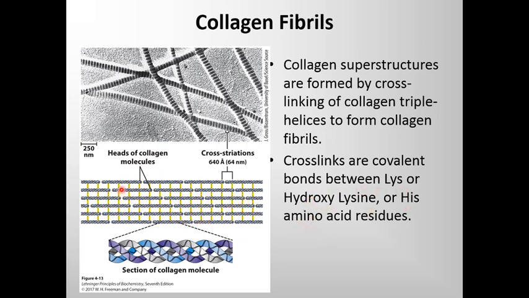If you look at the two-dimensional structure, you can see individual triple helices in the section of these structures, and they are cross-linked. And this entire structure is called collagen fibrils.